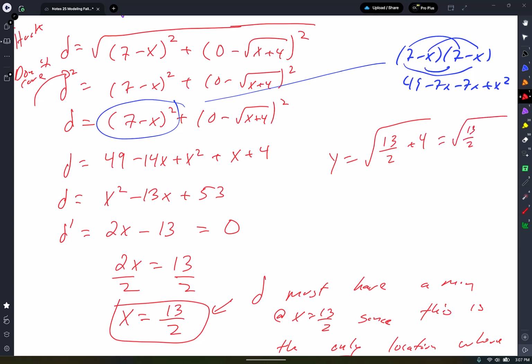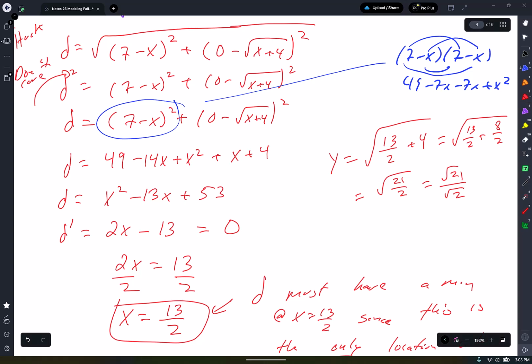Stop. 13 over 2 plus 4. I'm going to call this the Yawning Edition. 13 over 2, and then 4 times 2 is 8, so I'm going to write this as 8 over 2. What's 13 plus 8? 21. So this is the square root of 21 over 2, which is the square root of 21 over the square root of 2. I'm just rationalizing it.